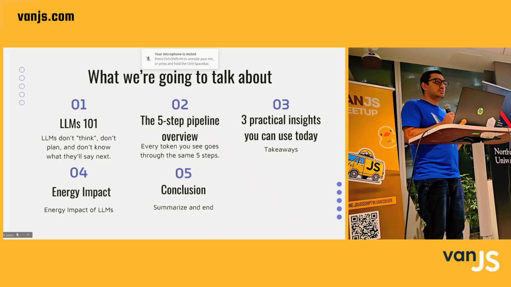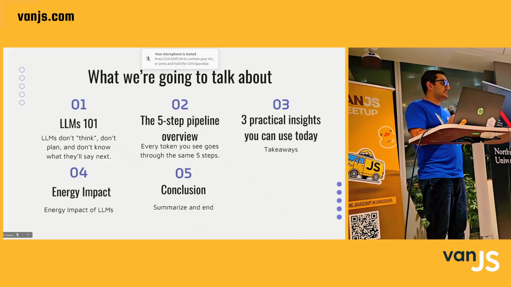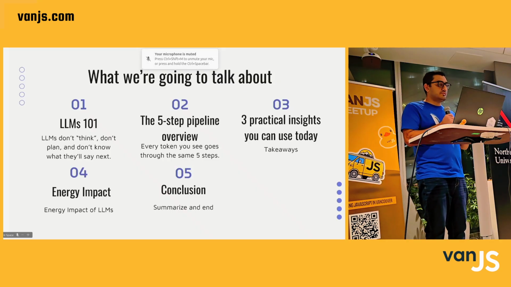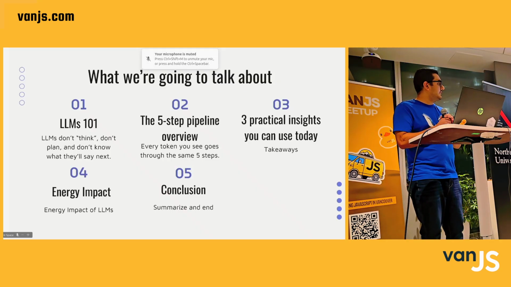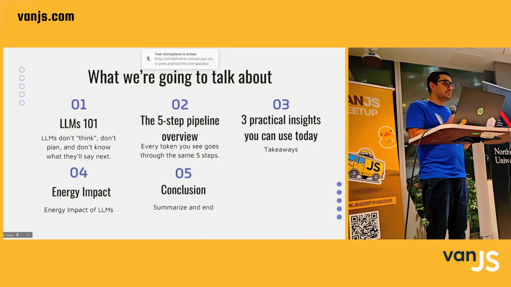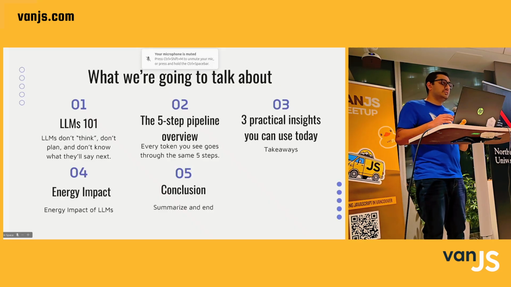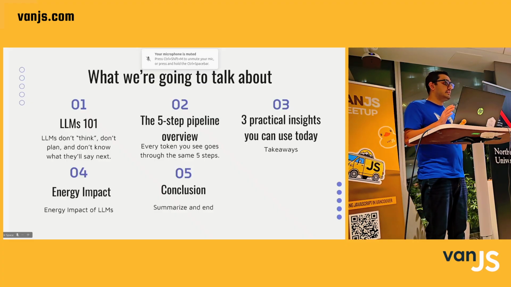I'm going to talk about the takeaways around what we discuss, and I'm going to give you a little bit of energy impact. So how much energy do our LLM queries consume? And then in the end, we're going to conclude with some of the takeaways.